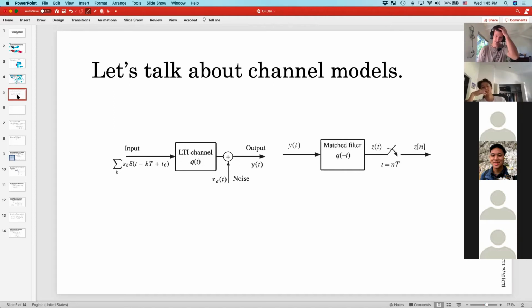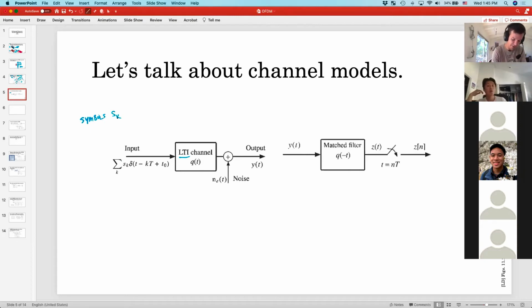And I think the first model we should think of is good old LTI. So what we have here is kind of an abstraction of everything we've been talking about so far. We have symbols, which are indexed by k here.